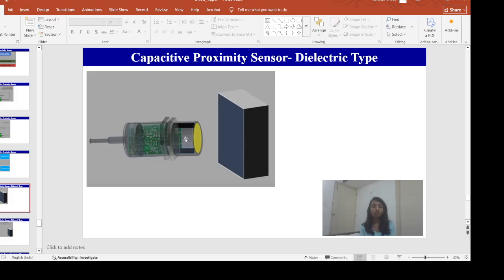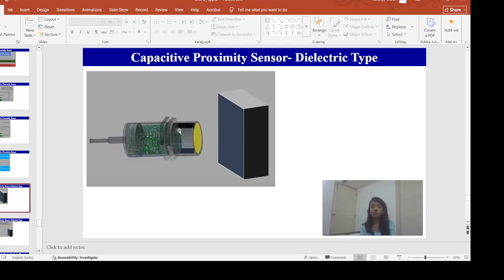Now, when there is no target or no object, the capacitance of this arrangement will be very small. When this target moves closer to the sensor, what will happen? The distance between these two parallel plates will reduce and the capacitance will increase.